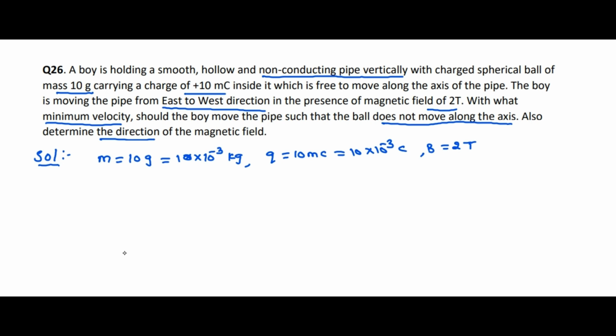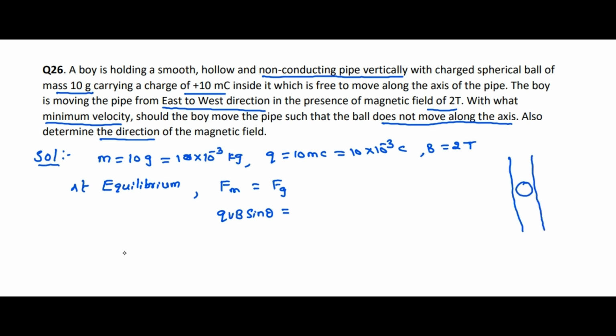Coming to the equilibrium condition, because the ball is in equilibrium, the magnetic force will be equal to the gravitational force. The magnetic force acting on the ball is QVB sin theta. So we can imagine this is the pipe, this is the ball, and it is moving with a certain velocity, that is the minimum velocity.